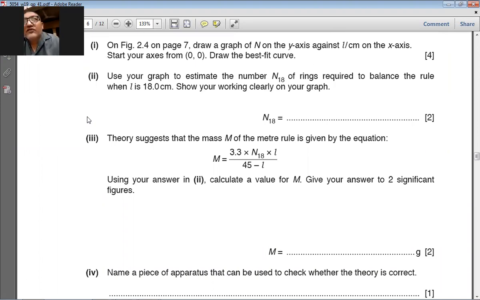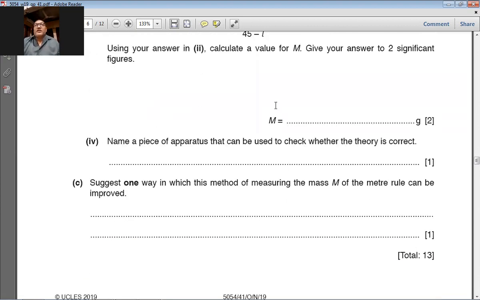Use your graph to estimate the number n18 of the rings required to balance the rule when L is 18. Show working clearly. So you can see that we will put here 52, and I will put that value here, and I got 114.4, and that was 110. So the mass was 110 gram.